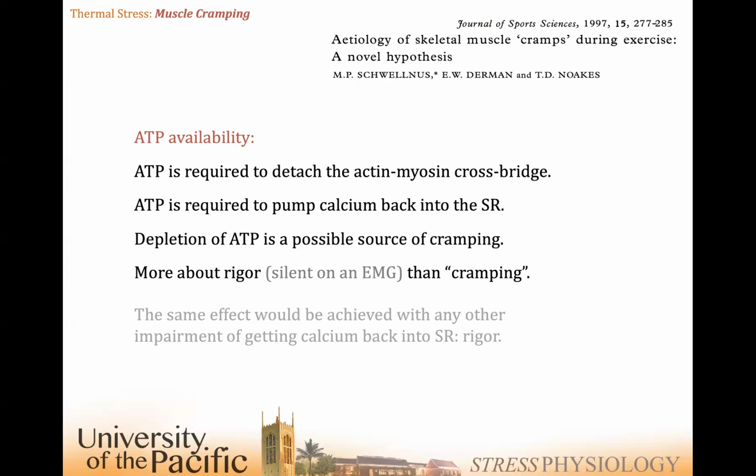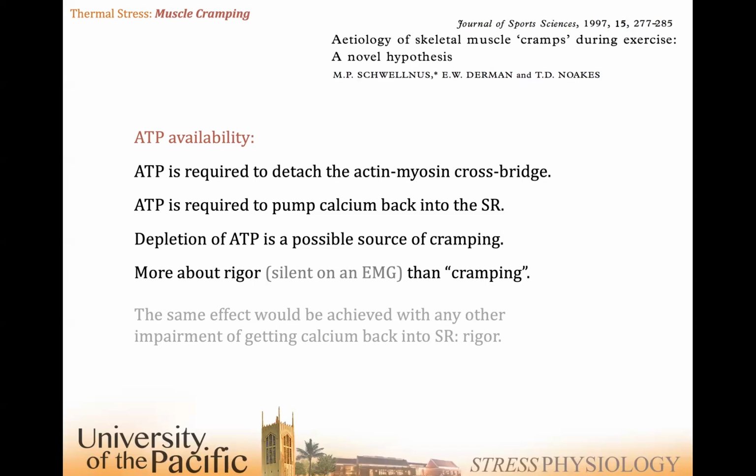If you're low on ATP, you can alter the time course of cross-bridge cycling, but this is unlikely to be a real variable when we're looking at cramping. Now, a couple of things that are going to mess up cross-bridge cycling.